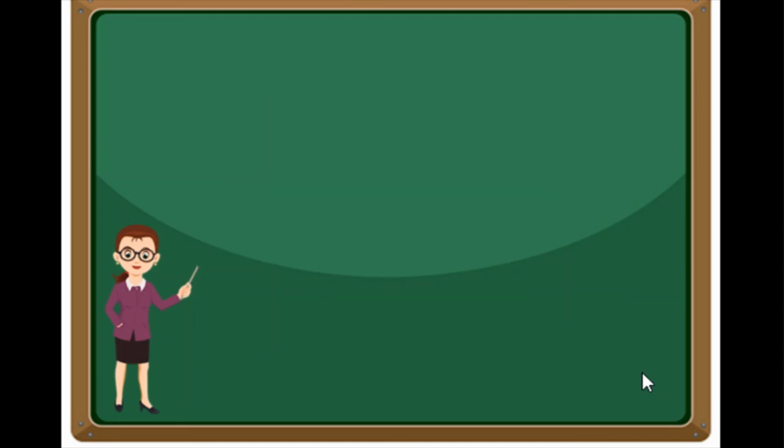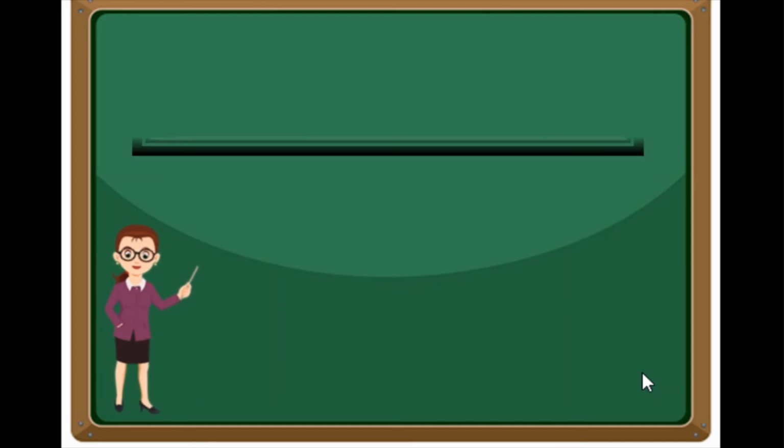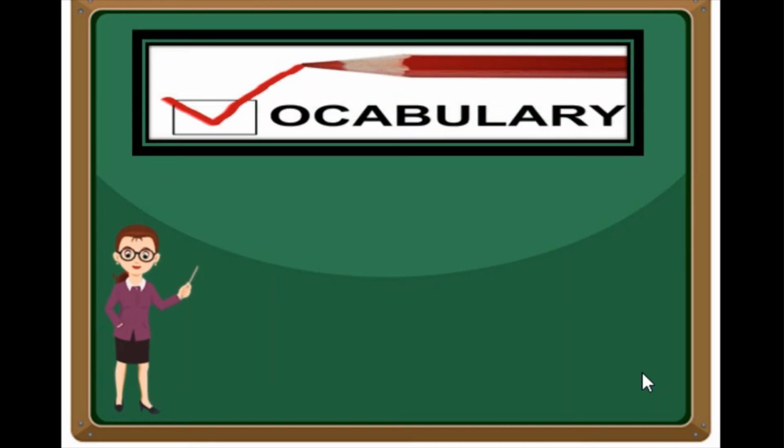Okay. Now, let's have vocabulary check. Repeat after me. I will say the word first and you say it after. Alright, let's have the first word. Listen, say diagonals.